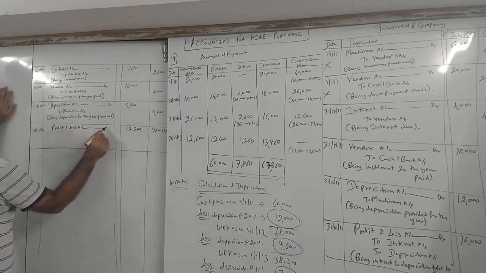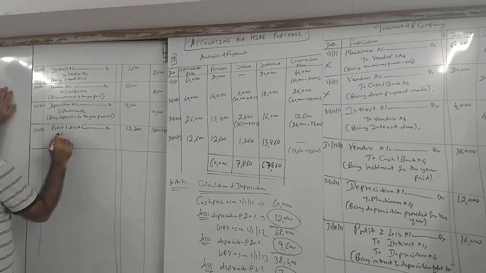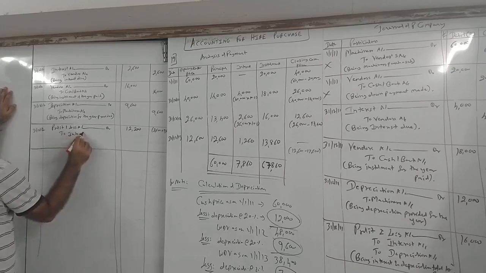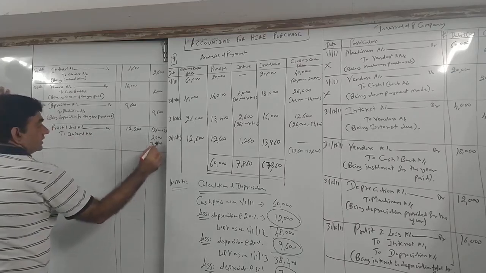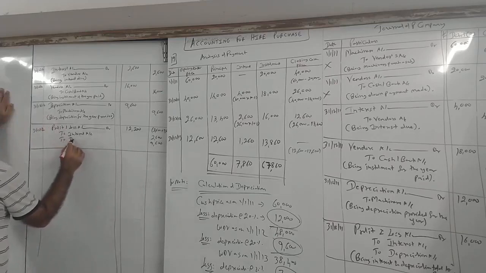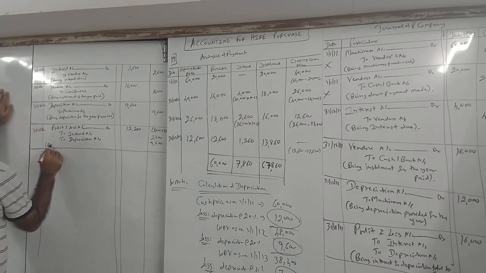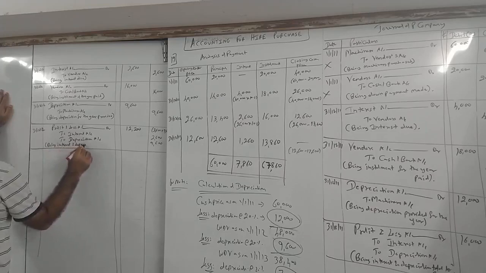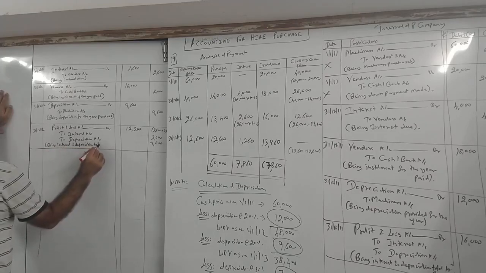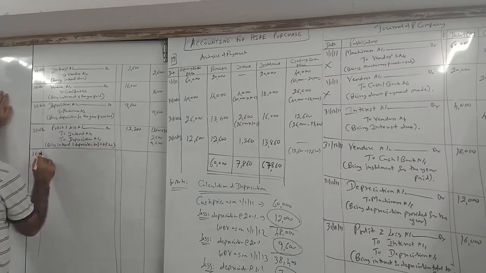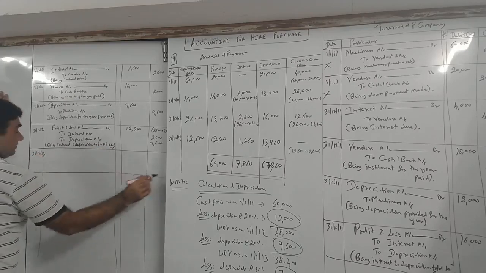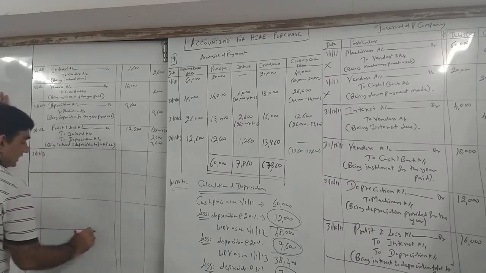So profit and loss account debit 12,200 to interest account 2,600 and to depreciation 9,600. Being interest and depreciation transferred to P&L.